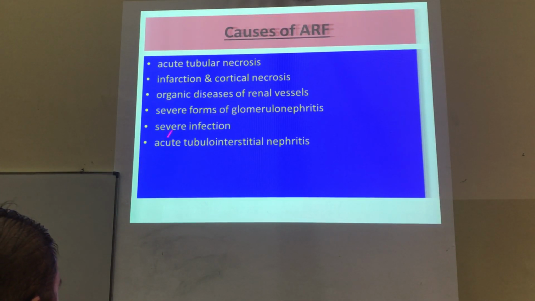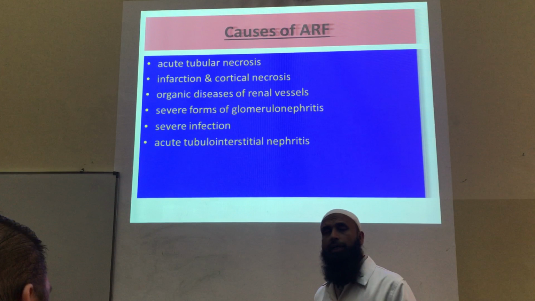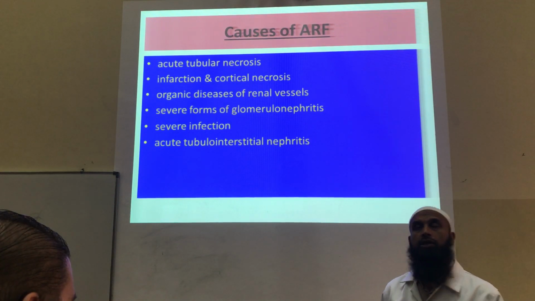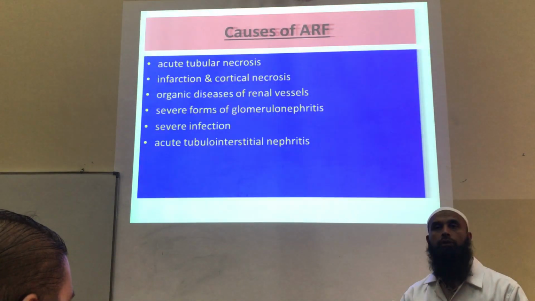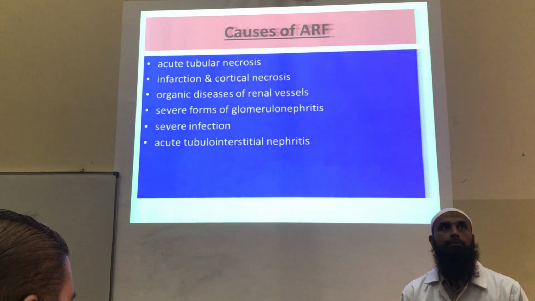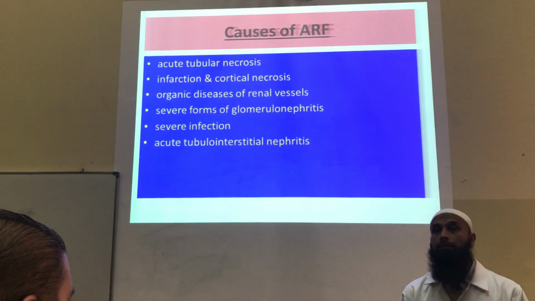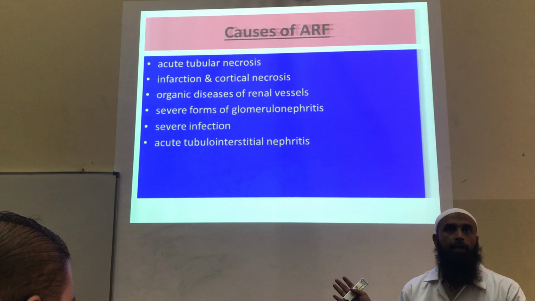If there is severe infection, you will be astonished to know that in developing countries, even in Saudi Arabia, a lot of people don't have glomerulitis, they don't have acute tubular necrosis. Unfortunately, because of severe UTI or severe pyelonephritis, they developed acute renal failure. Why?